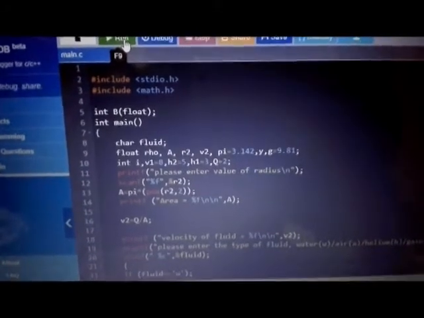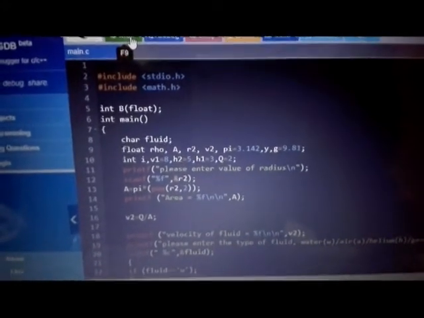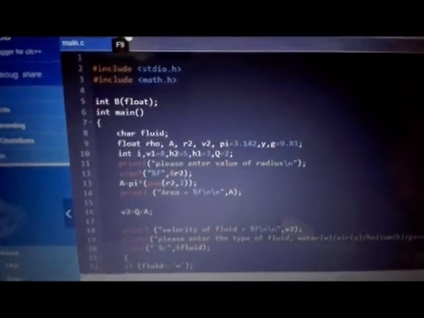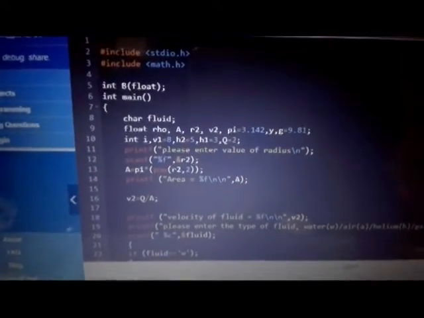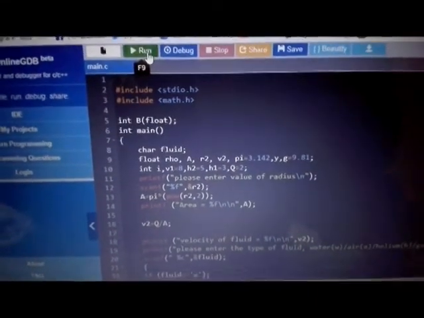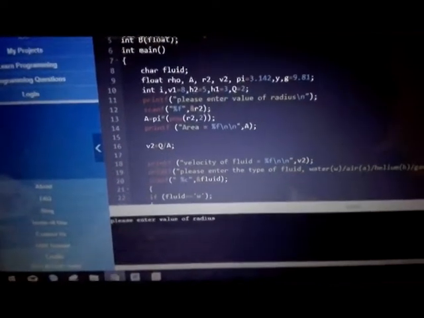So this is our program code for the flowchart that I have made before, and I will use the GDB online debugger compiler to run the program. I will click run, and the program will ask for our radius.